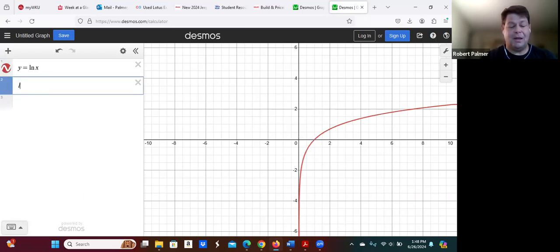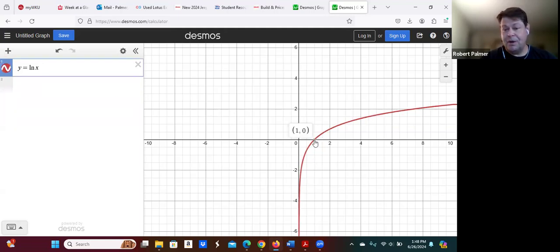For example, ln of 0 is not defined, and ln of -2 is also not defined. It has this basic shape, with a vertical asymptote here. Also remember that the natural log of 1, or any log of 1, is just 0, so all basic logs share this x-intercept. It has a really steep increase right here, then increases really slowly as we go out toward infinity.